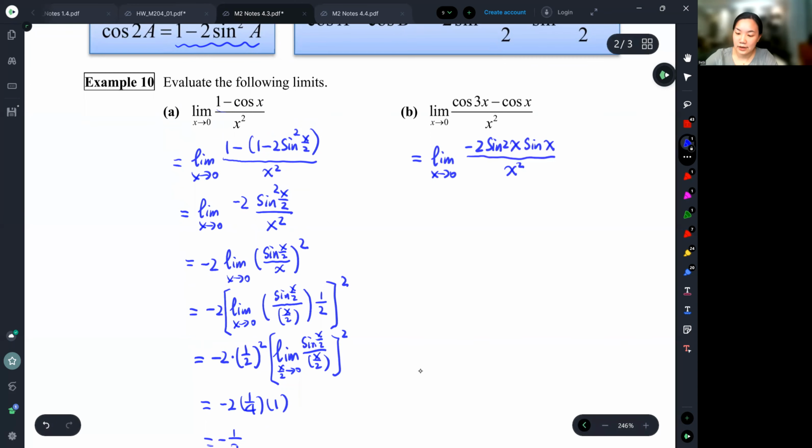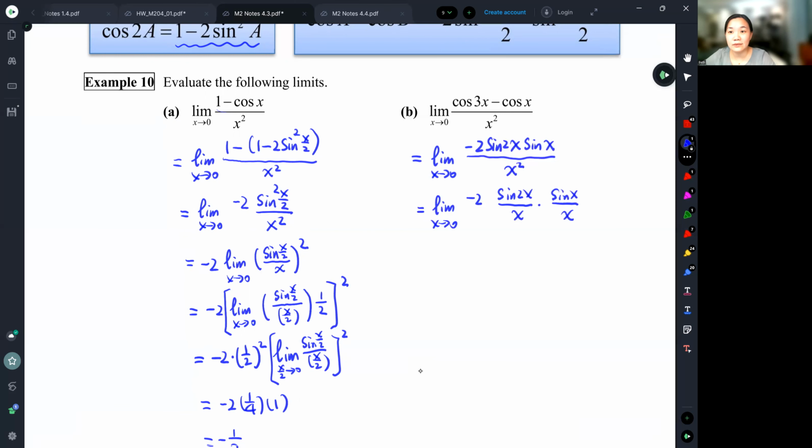Okay. And then -2 is fine. And then you will do sine 2x divided by x and sine x divided by x. You just separate them. Okay.